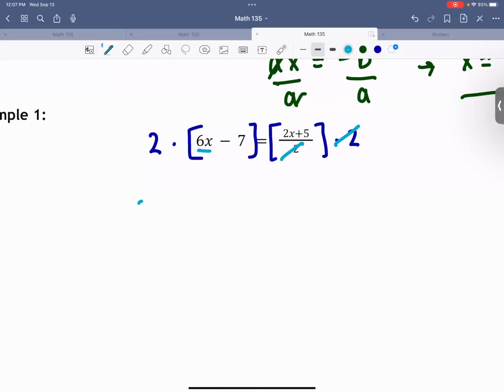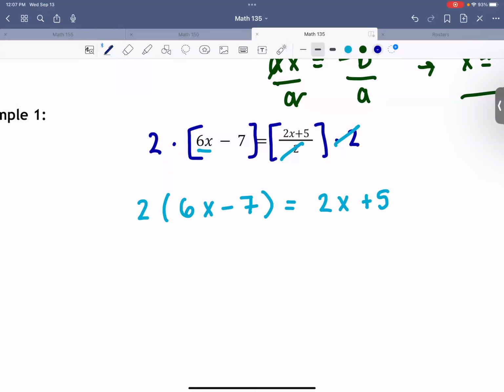So let me just rewrite this using parentheses. 2 times 6x minus 7. And on the right hand side, I'm left with 2x plus 5 because the 2s canceled out. So the reason I multiplied by 2 here is because those 2s cancel each other out. Now I'm left with one string of stuff instead of fractions, so I don't have tiers anymore.